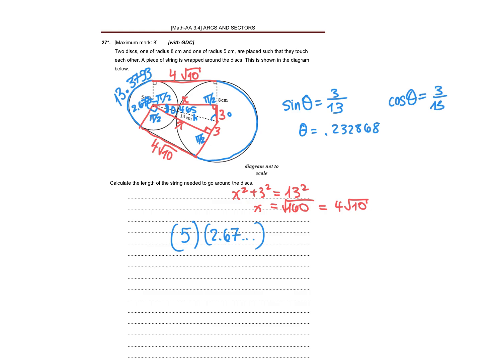And then multiply that by 2. So this whole angle here is also the 2.67. And, oh, actually we don't even care about this pi over 2 or this pi over 2. This whole thing here is just the 2.67.